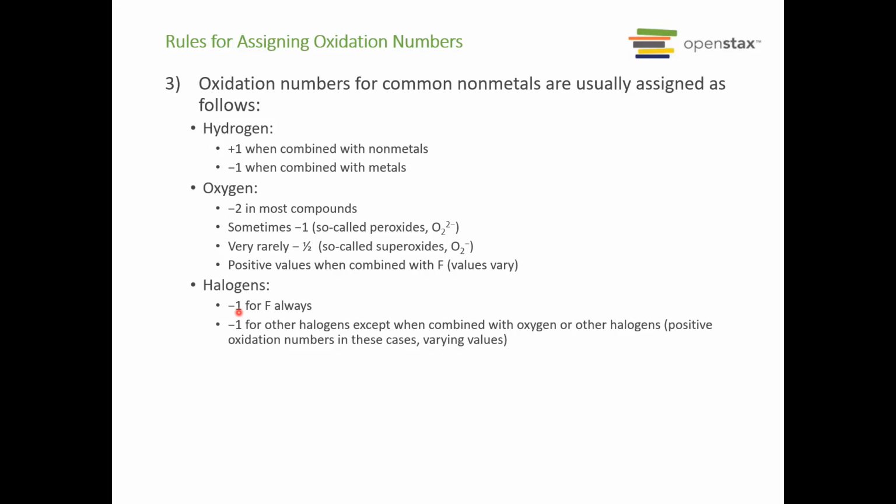So that's why in that case, oxygen would be positive, and then fluorine will only be negative 1, just because it only needs 1 extra valence electron in order to fill its valence shell. The rest of the halogens similarly would also be negative 1 for the most part, except for if we combine them with oxygen or fluorine, just because those are going to be more electronegative. So those will be able to overpower those lower halogens as well.